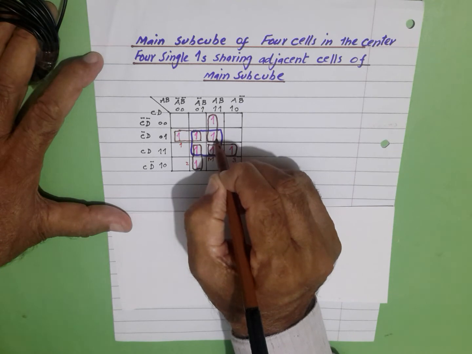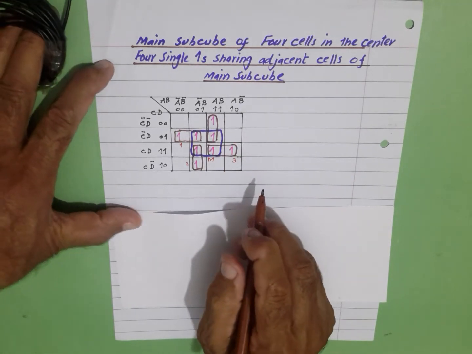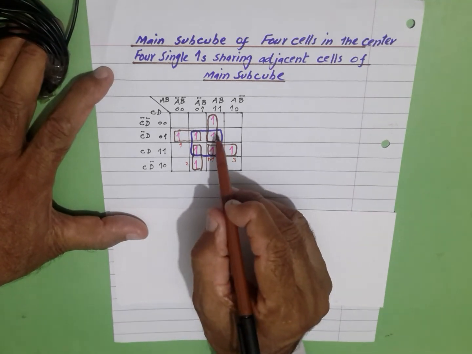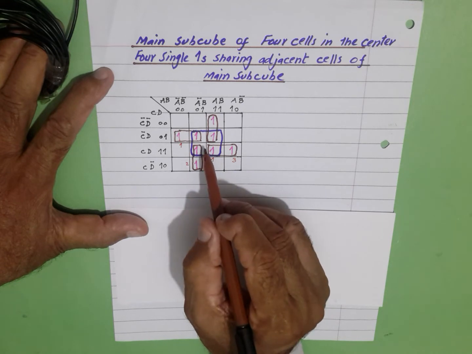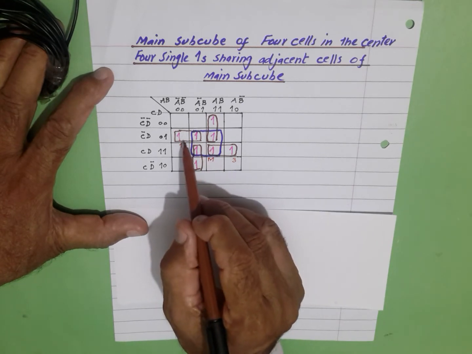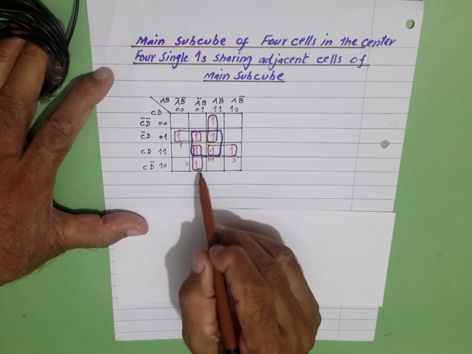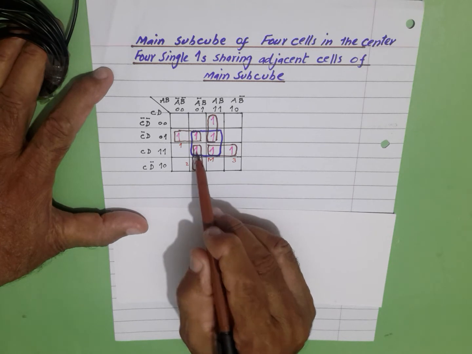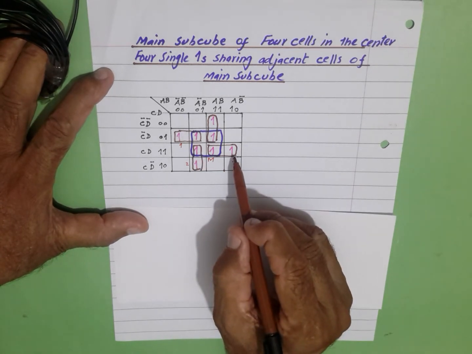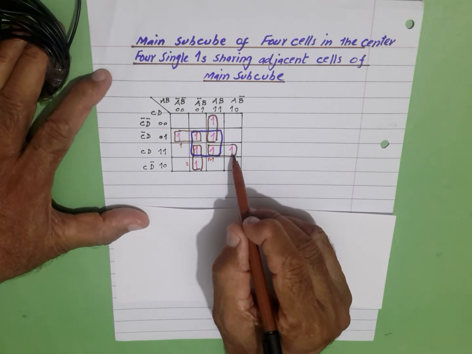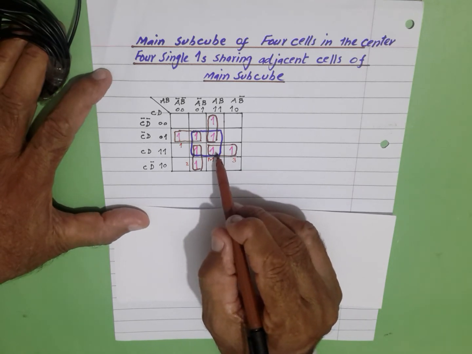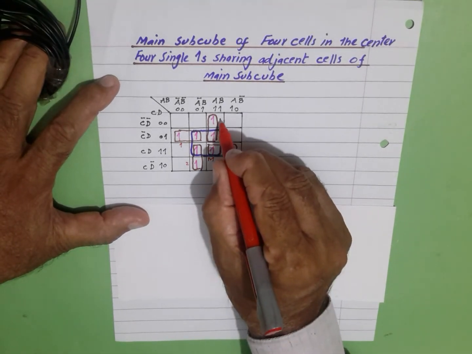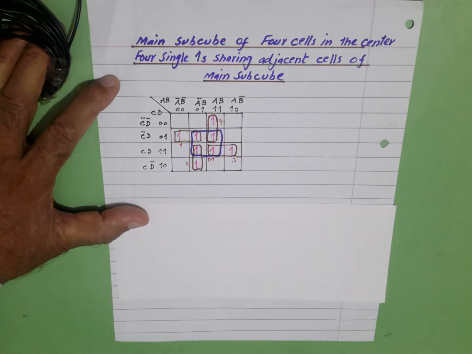Now each single cell has shared with the adjacent cell of the main subcube. This is main subcube in the center containing 4 min terms. Then this is a single one. It shares the adjacent cell of main. This is a single cell, separate single cell, and it can share the adjacent cell of main subcube. This is the single separate cell containing 1. This can share with the adjacent cell of main subcube. This is again separate, and it can share with the adjacent. This is number 4. Let us now write the equations.